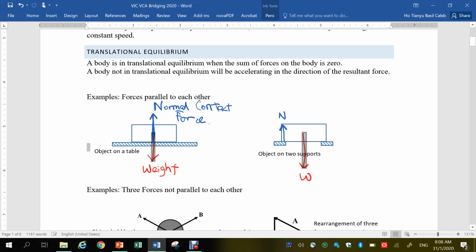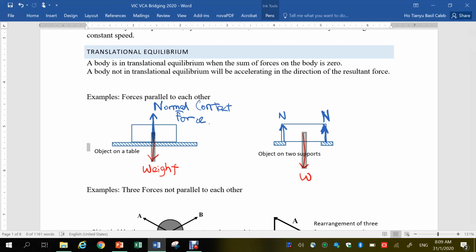There's N here and N here. Because these two supports are at the corners, there's a symmetry, so the two arrows are about the same length.